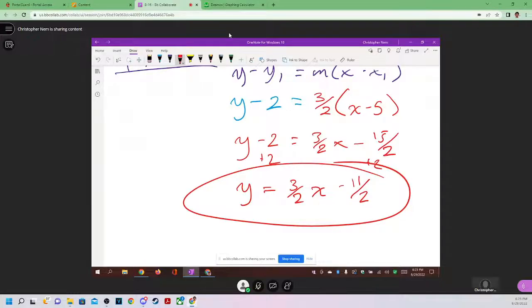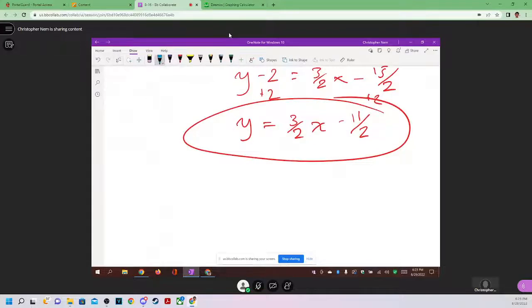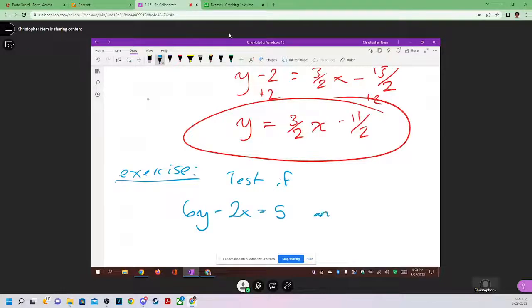So what I encourage you guys to try out, this is a little exercise before we call it a day. The last exercise I want you guys to try out: test if 6y minus 2x equals 5 and 2y plus 6x equals 1.